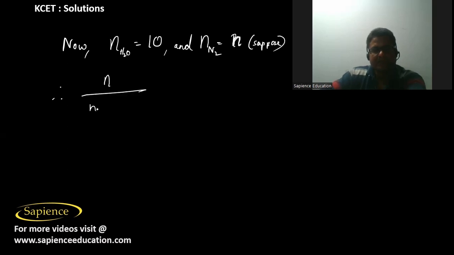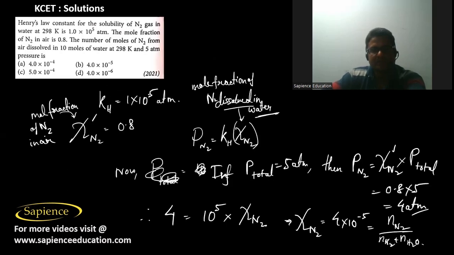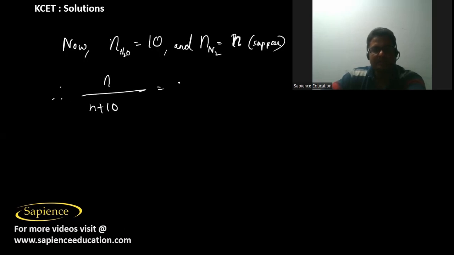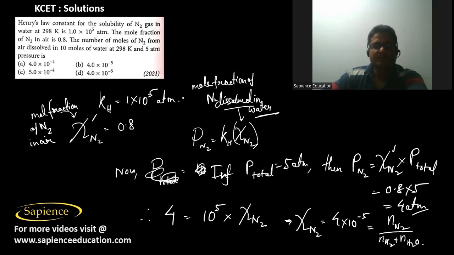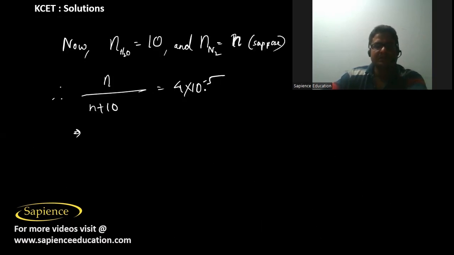So n by n plus 10 equals chi of N2, that is 4 into 10 power minus 5. Now 4 into 10 power minus 5 is a very small value only.